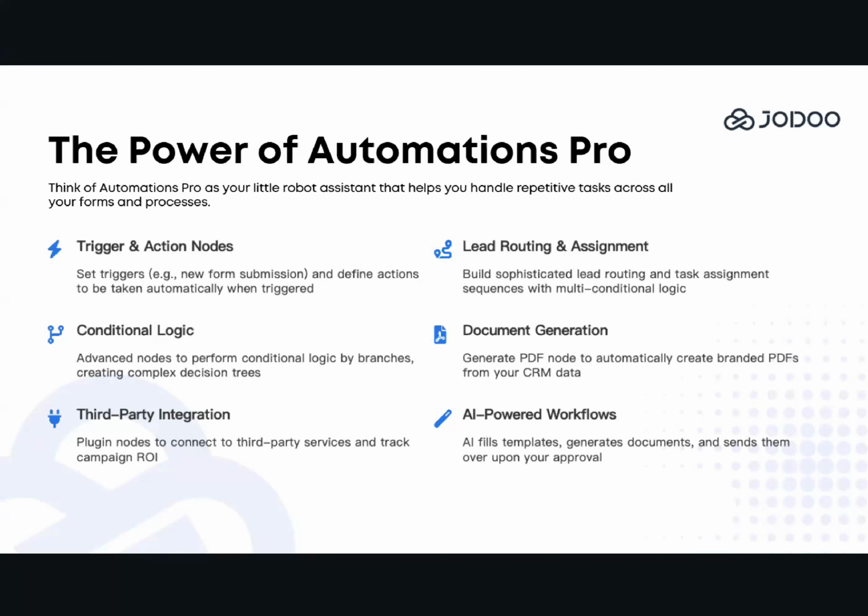And in our advanced workflow engine, we provide advanced nodes to help perform conditional logic by branch. And we also have a generate PDF node to automatically create branded PDFs, and plugin nodes allow you to connect to third-party services. With all these features, you can integrate even with your marketing tools, like to track the campaign ROI.